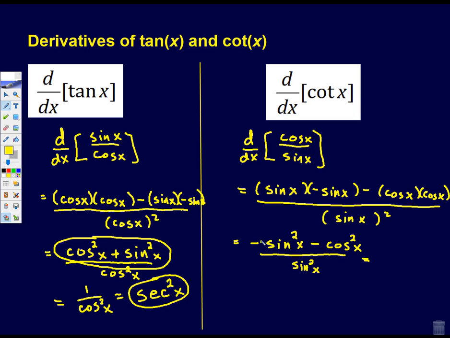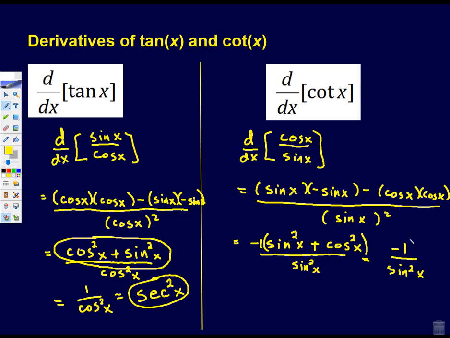So if I factor out a common factor of minus 1, it looks like this: negative 1 times the quantity sine squared plus cosine squared. And now I can replace all the parts in the parentheses with just the number 1 again. So it's going to be minus 1 over sine squared.